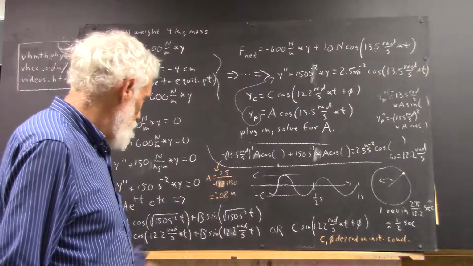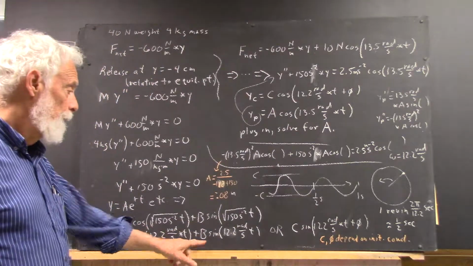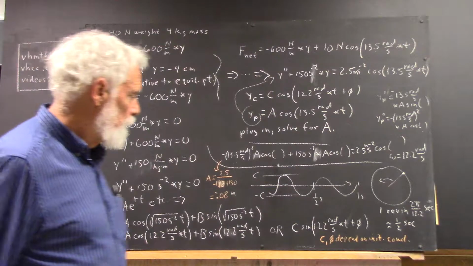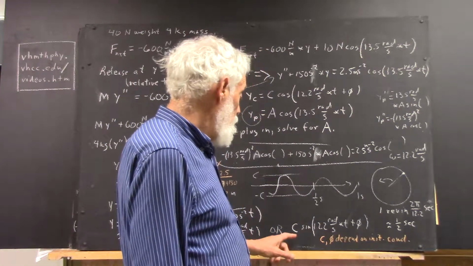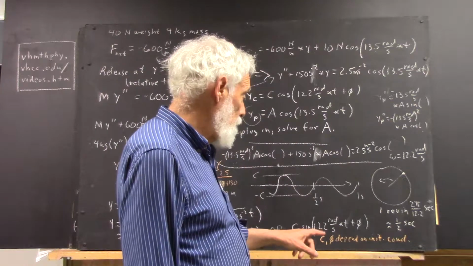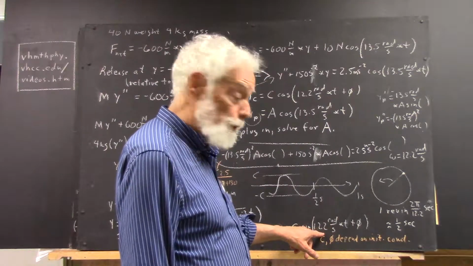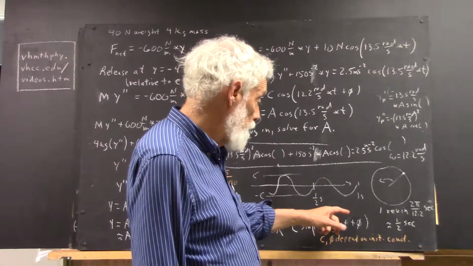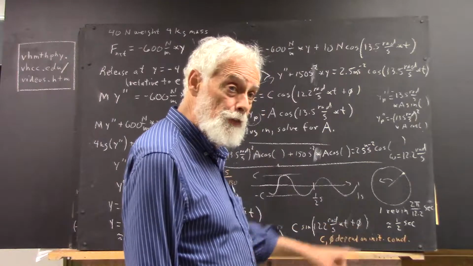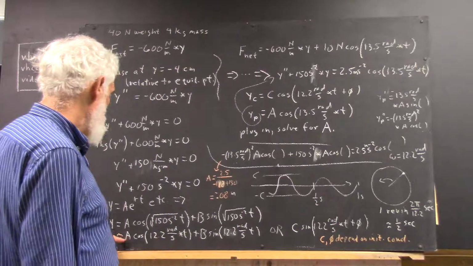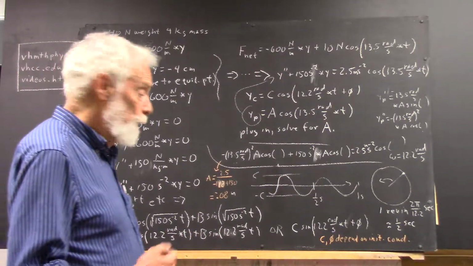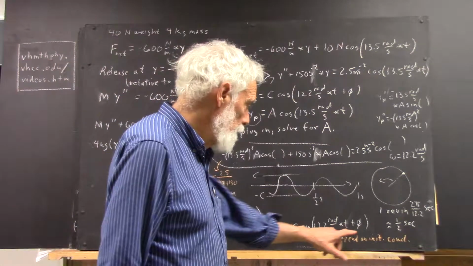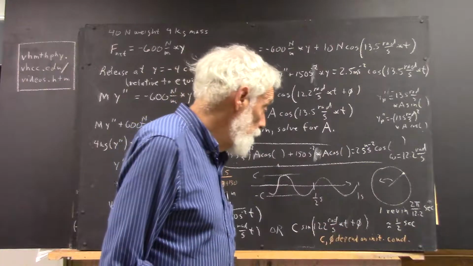So there's our function, but of course we could express that as a single sine or cosine function, some constant c times the sine of that angular frequency, 12.2 radians per second times t, plus some phase angle phi, so that the constants a and b on the sine and cosine here are related to the constant c and the phase angle.